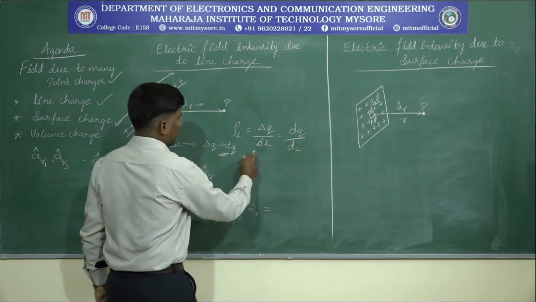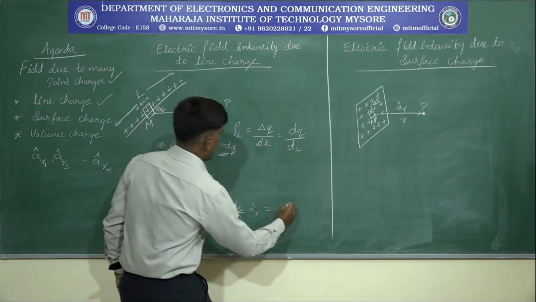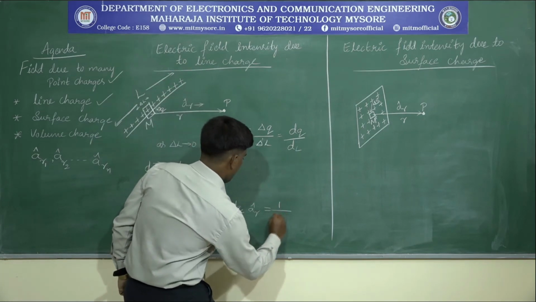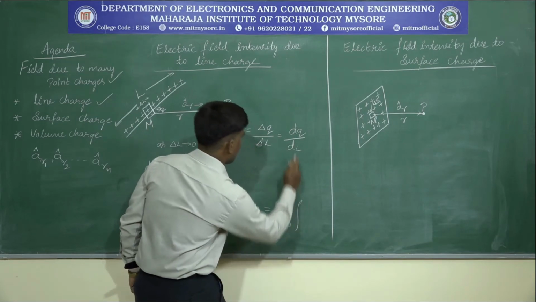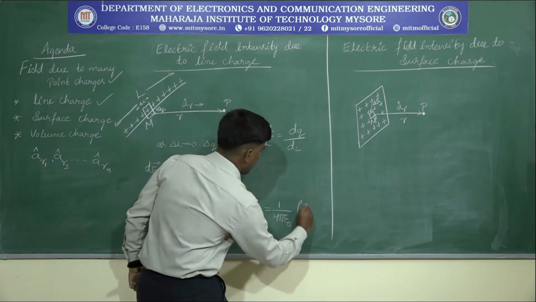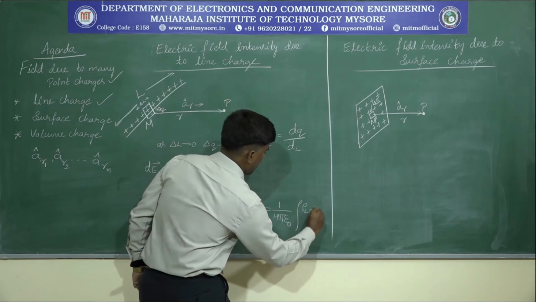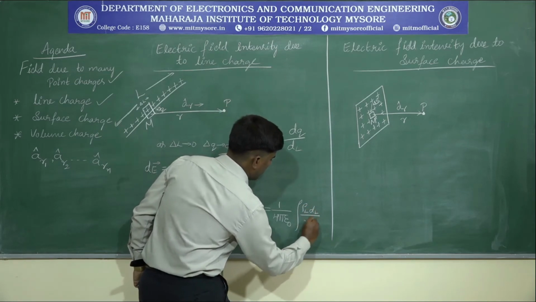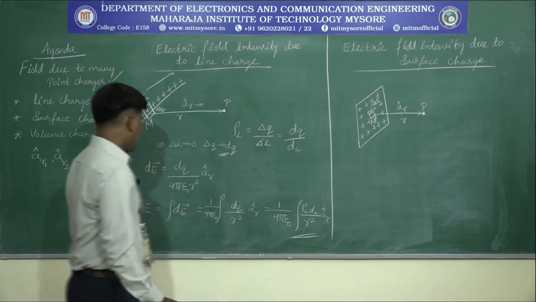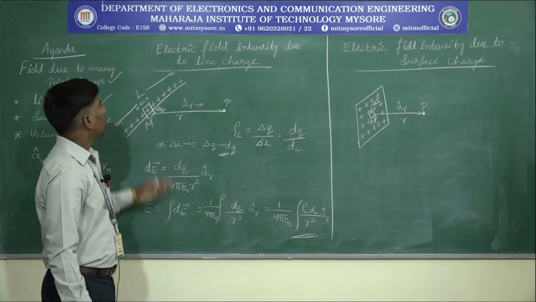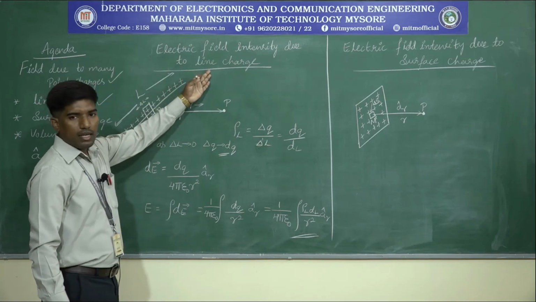Similarly, we can write it as 1 by 4 pi epsilon naught integration of rho L into dL divided by r square into a cap r. So this is the electric field intensity equation for line charges.